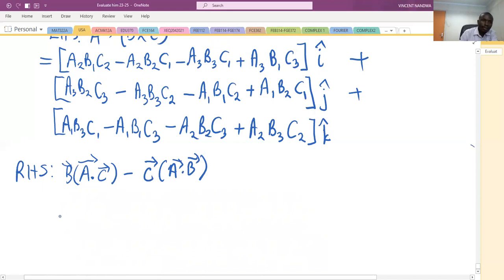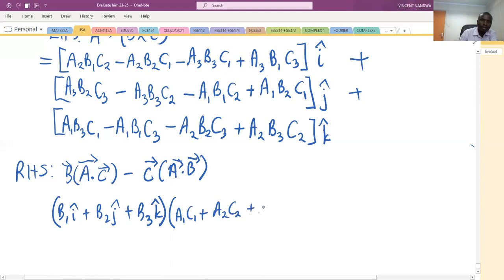So vector B is B1 I plus B2 J plus B3 K. So I'm multiplying by A dot C, which is simply A1 C1 plus A2 C2 plus A3 C3.